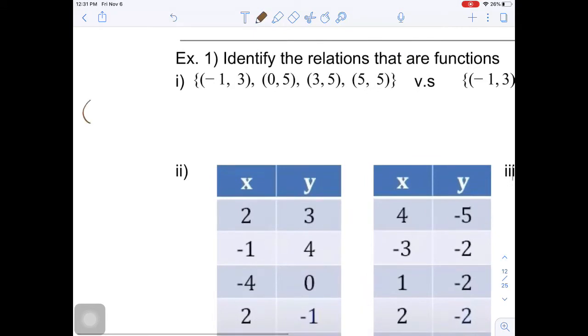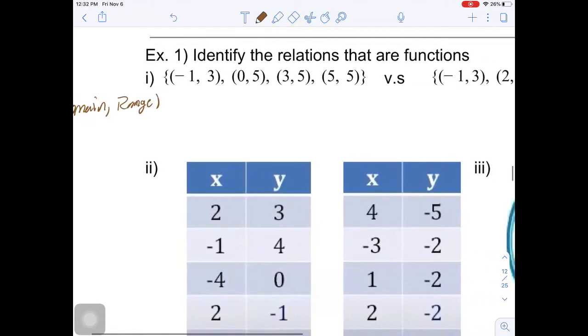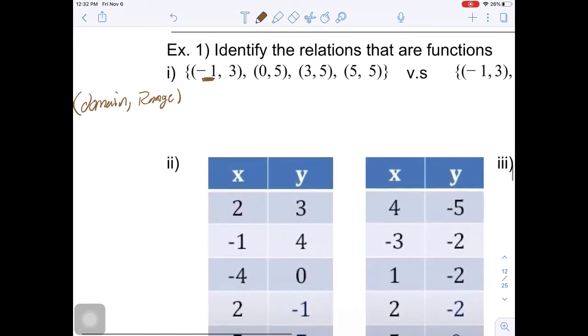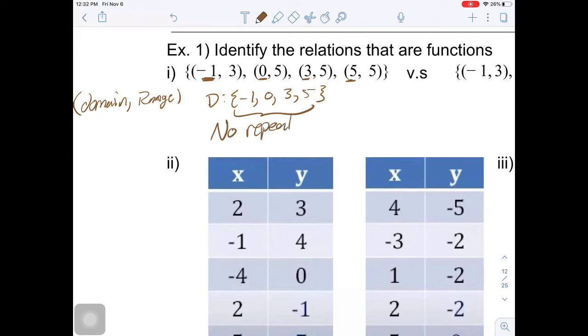In an ordered pair, you have a domain value listed first and then the range value. Let's look at our domain values: -1, 0, 3, and 5. None of these repeats. No repeats, so therefore this is a function.